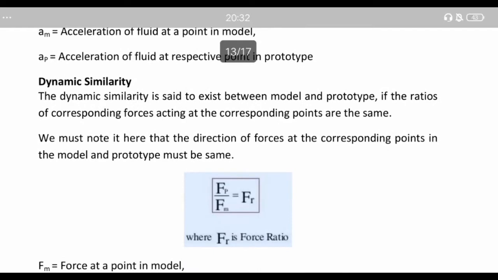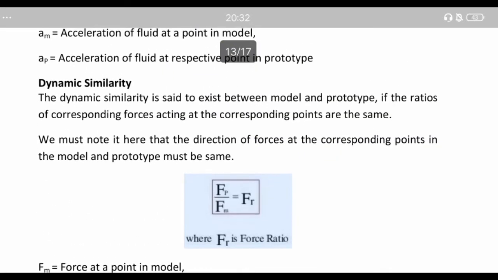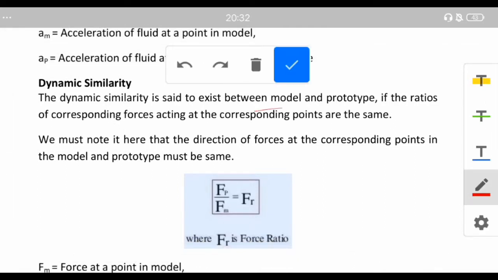Next we have the dynamic similarity, and it includes the forces. The dynamic similarity is said to exist between model and prototype if the ratios of corresponding forces acting at the corresponding points are the same.